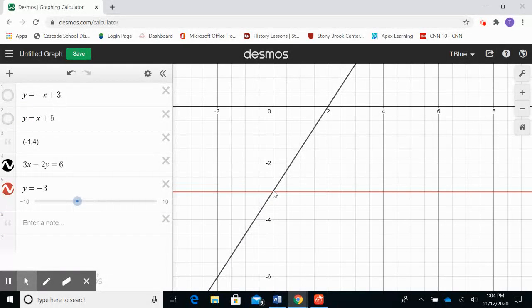Right here. 0, negative 3. And that's what we said. There it is. I have two of my equations in here, so you should have these two equations in your Desmos calculator. And you should also have number 11, because you did number 11 on your own.